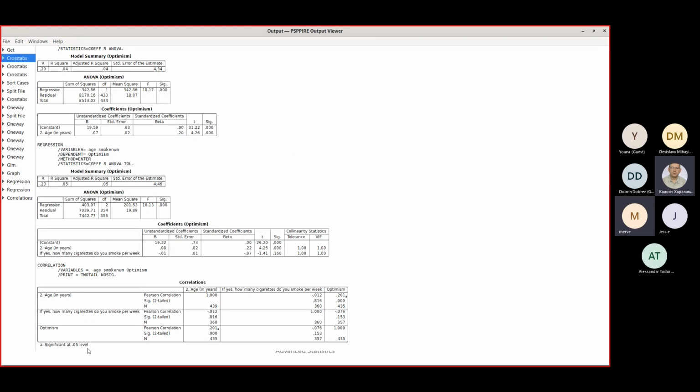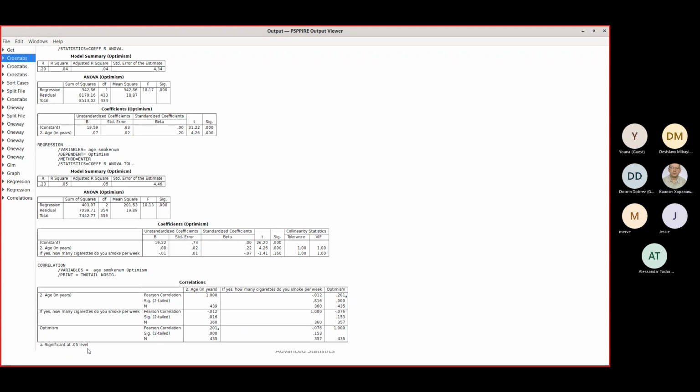So only the relation between age and optimism is statistically significant. Two other relations, between age and number of cigarettes per week, and between number of cigarettes per week and optimism, are not statistically significant.